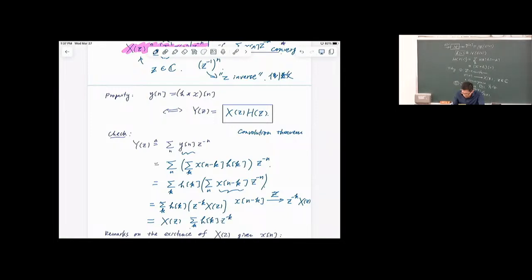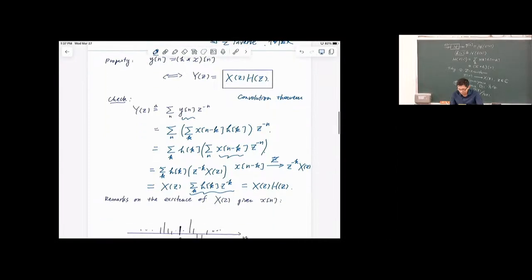And what is this? This is exactly the z transform of h. Okay, so now we have completed our derivation. Indeed, we've shown that when we convolve two signals in time, in the z domain the z transforms multiply with each other. So that's the convolution theorem for the z transform.